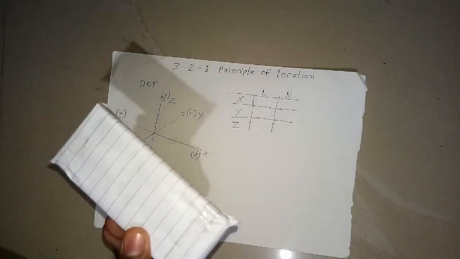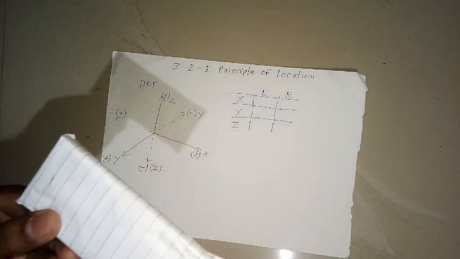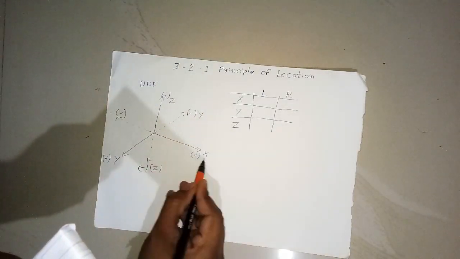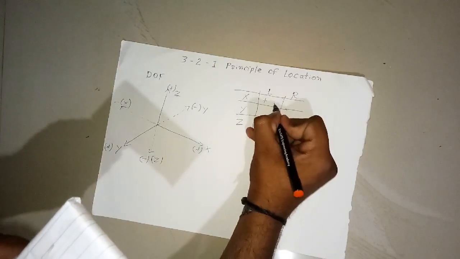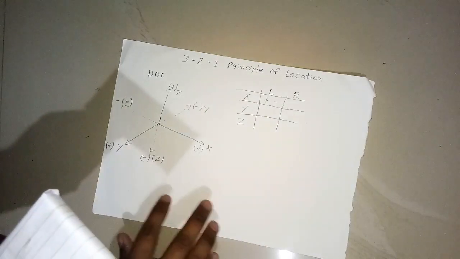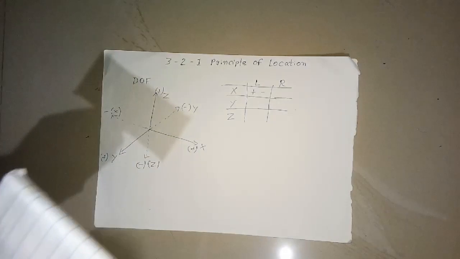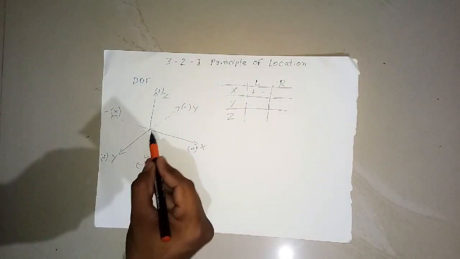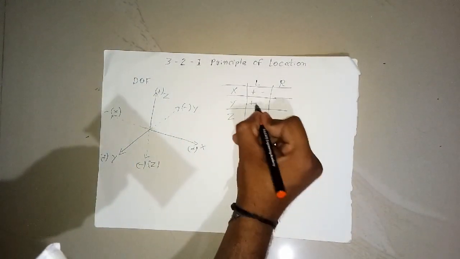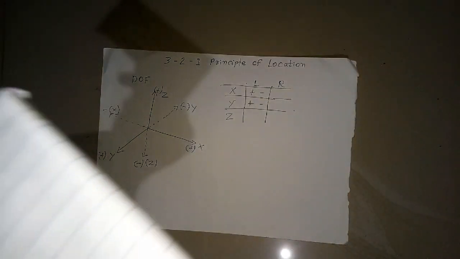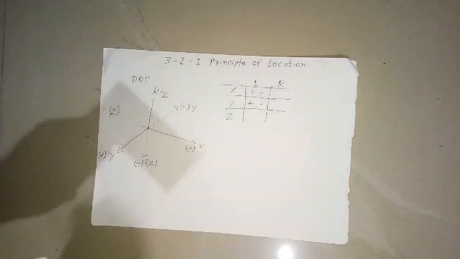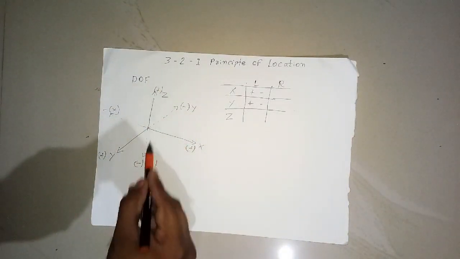If your object moves in this direction, that means positive in x, negative in x axis. If your object moves to the left side, that means positive in y, negative in y axis. If your object moves to the upper side, that means positive in z, negative in z.